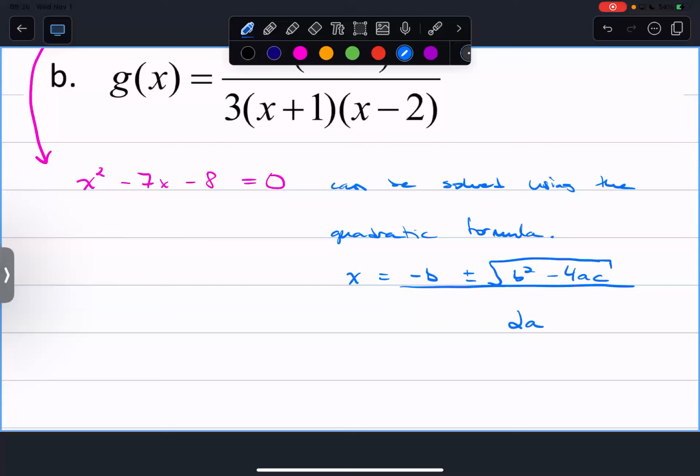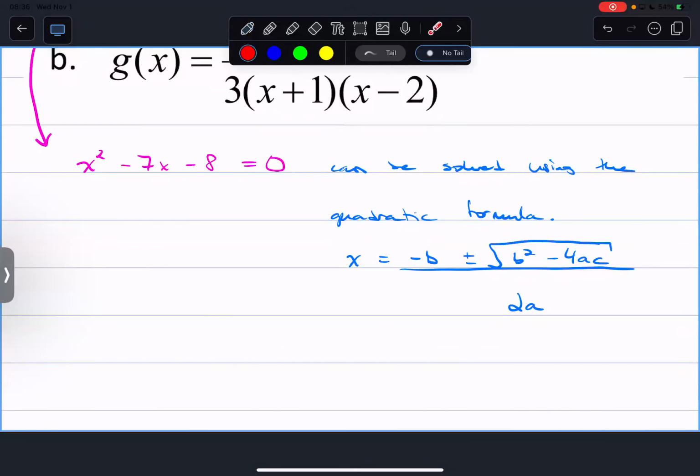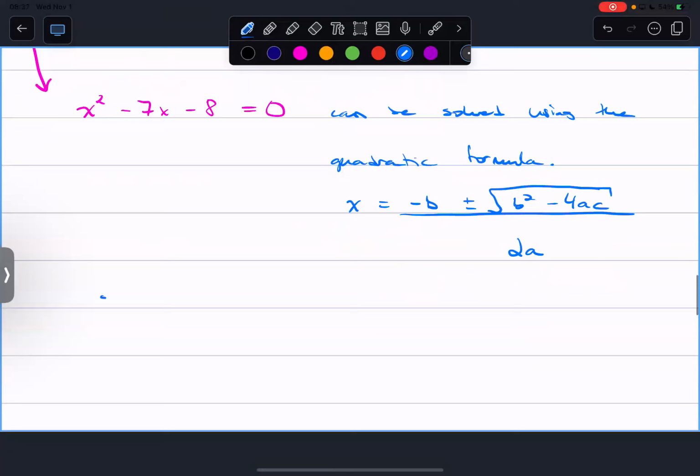Okay, so we have a is 1, b is -7, and c is -8. So x is equal to 7 plus or minus the square root of -7 squared minus 4 times 1 times -8.